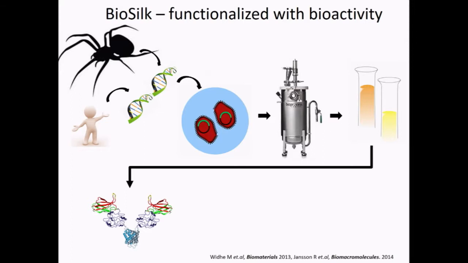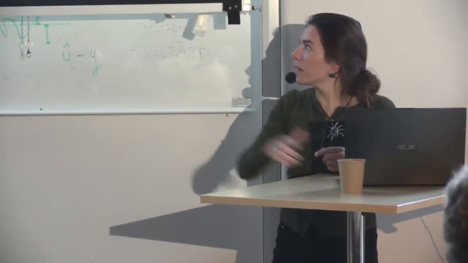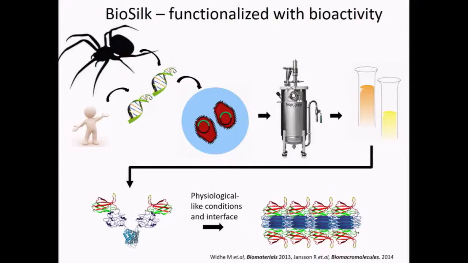So this propensity of the silk protein to form a silk material is actually maintained even if it's attached to something else. So the silk part of the protein can still interact and rearrange and pack together to make a silk material.